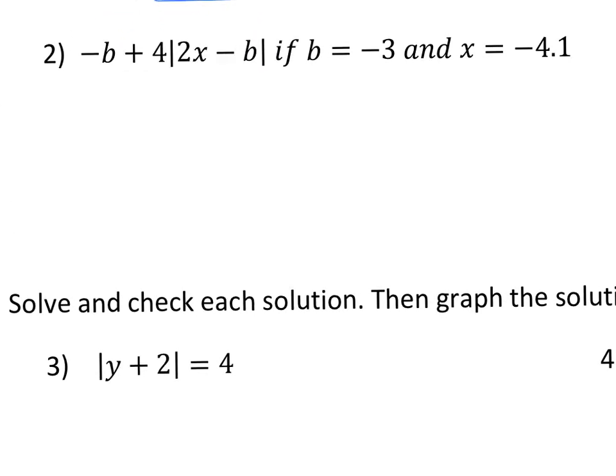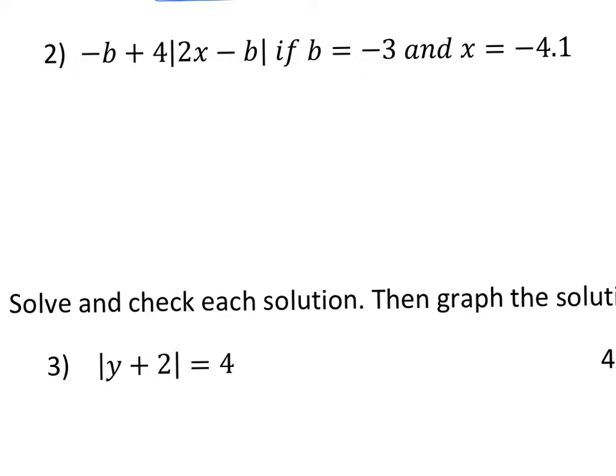All right, so now on this one we have multiple variables. So I have b equals -3, so I'm plugging -3 in for my b value, and I've got x equals -4.1, and I'm going to put that in right here. Now I'm going to be cautious of these double negatives.